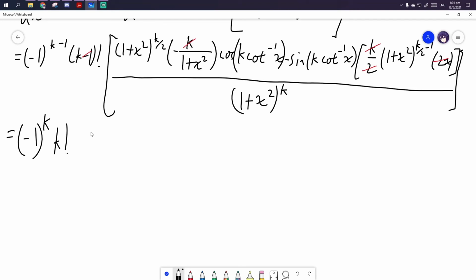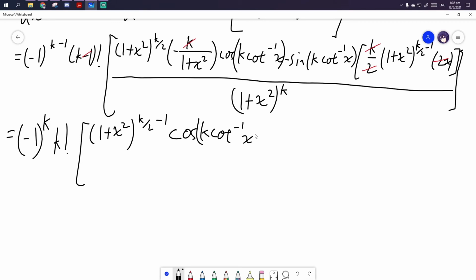And now I can start to simplify stuff. So this is (1 plus x squared) to the power of k over 2 minus 1, and then cosine of k cotangent inverse of x, then plus sine of k cotangent inverse of x.